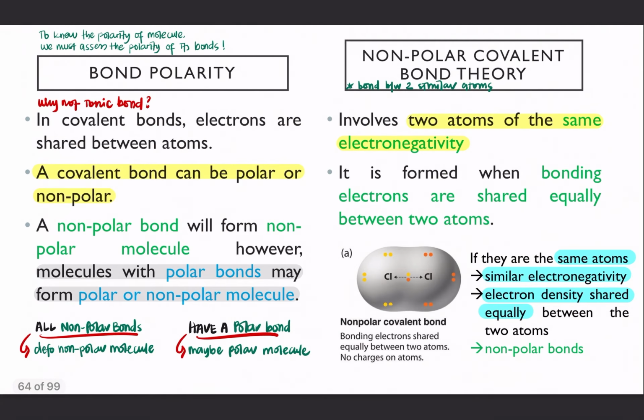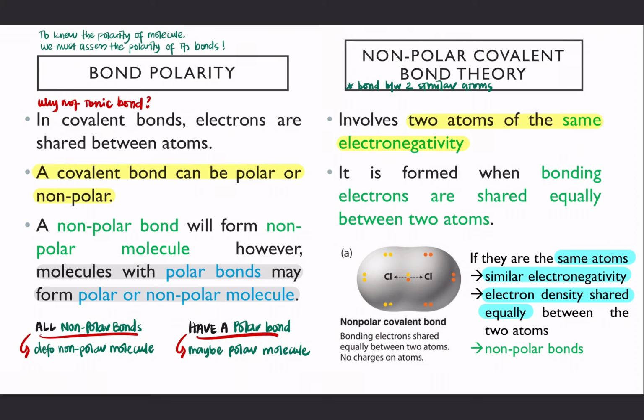Your covalent bond can be polar or non-polar. If you have a non-polar bond, or all your bonds are non-polar within that molecule, you will definitely have a non-polar molecule. But if you have at least a polar bond, then that means you may have a polar molecule.